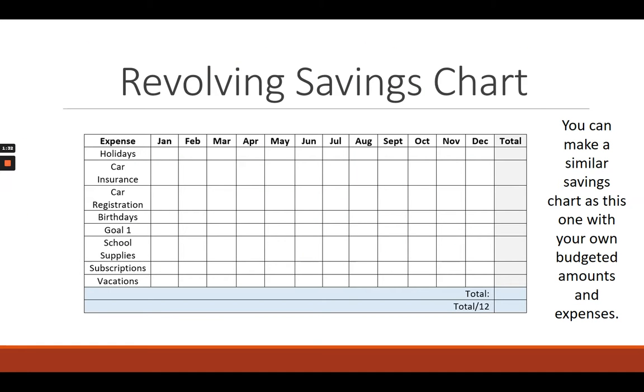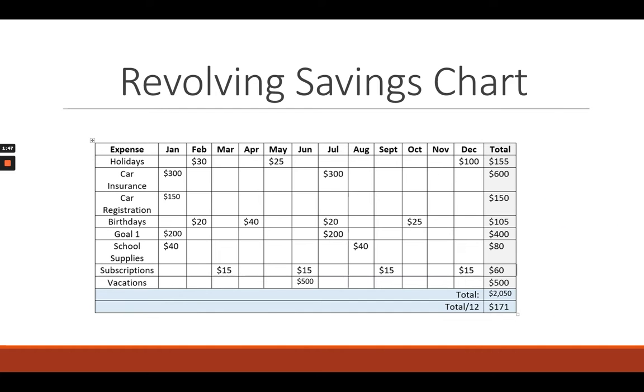Here is an example of a revolving savings chart with each month listed and expenses listed. You can make a similar savings chart as this one with your own budgeted amounts and expenses. Here is an example of the chart filled in with expenses and amounts.